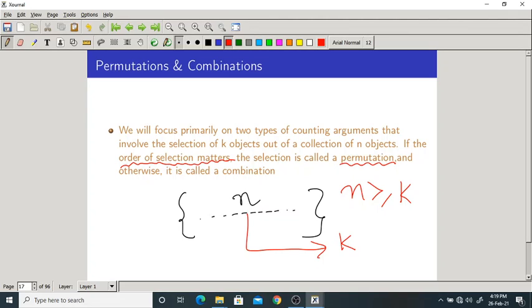If the order of the selection doesn't matter, it is called a combination. Which means, in the process of selection, if you give importance to the order, it is called permutation. If you don't give any importance to the order, it is called combination. These are two different ways of selecting k objects from a collection of n objects.